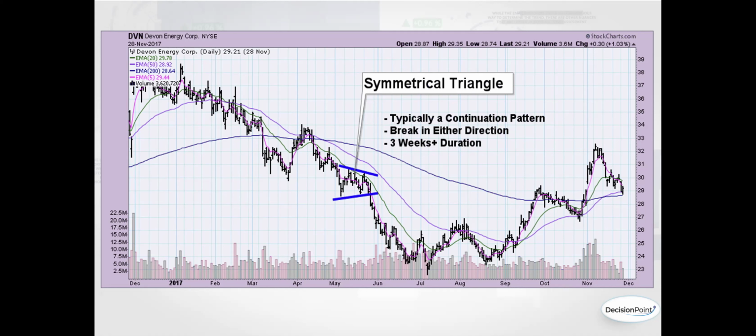All right, so they are continuation patterns, so they can break in either direction. The expectation is that they're going to continue the previous trend, but that's not always the case. They are typically about 3 weeks in duration, but I will tell you that with most chart patterns, really, in my opinion all chart patterns, they can be in any time frame.